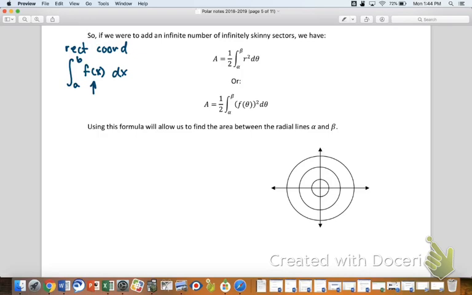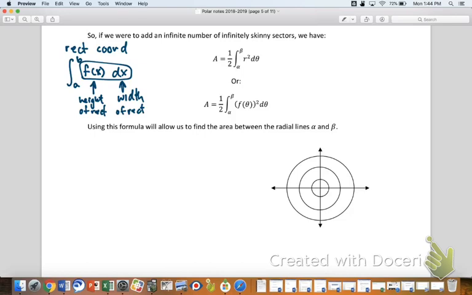The height of a rectangle, yes. And then what does dx stand for? The base length, the width, yes, of a rectangle. And so way back when we did the definite integral from a to b of f of x dx, all this was just base times height, or height times base technically.